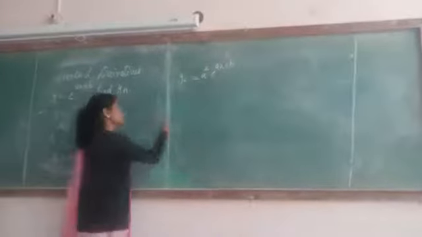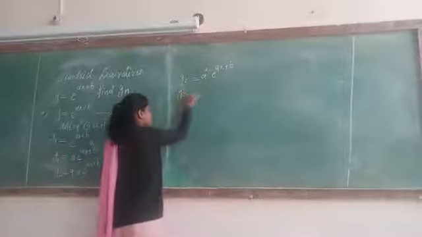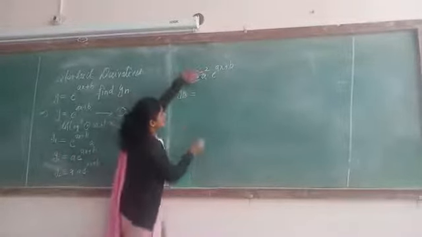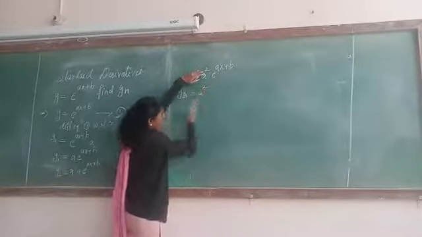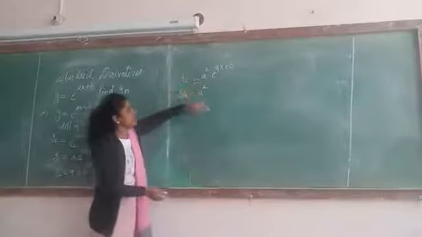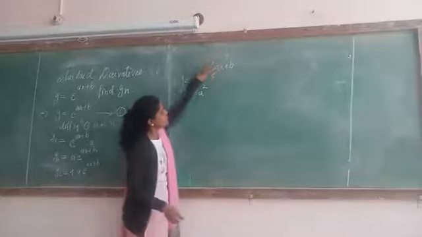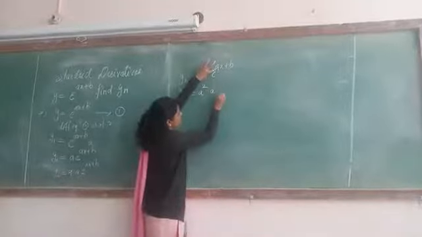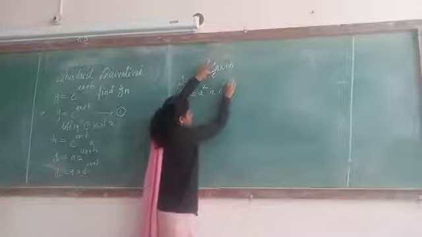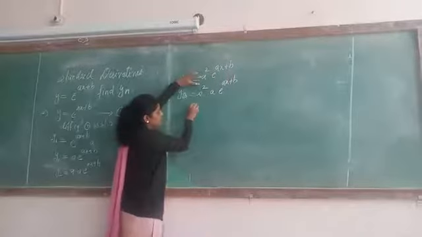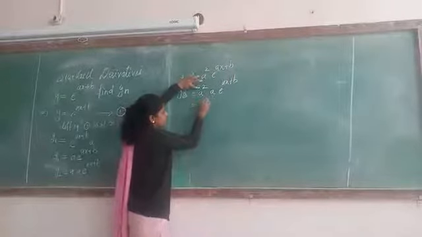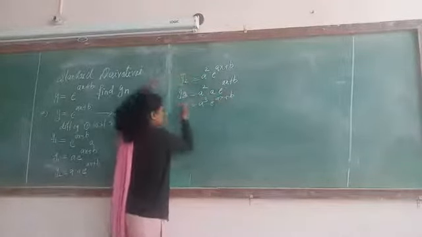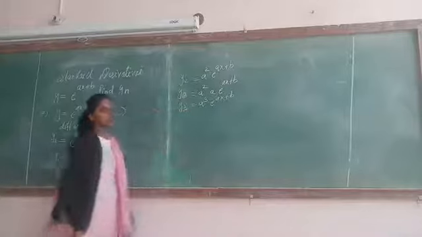Now the third order derivative, y3, is equal to, now a square is constant, so it will be as it is. Again the derivative of e to the power ax plus b: the coefficient a will come here, e to the power ax plus b. So a square into a gives a cube e to the power ax plus b. This is the third order derivative.